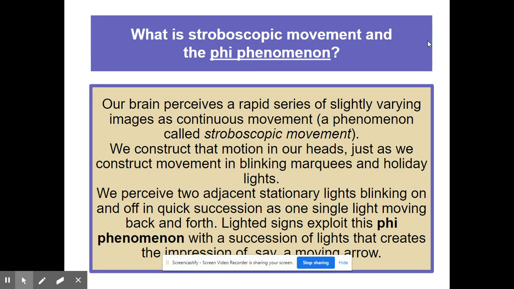Another perception is what we call stroboscopic movement. This is called the phi phenomenon. Normally, our brain computes motion based on the assumption that shrinking objects are getting smaller, enlarging objects are approaching. We use bottom-up and top-down processing to discover the phi phenomenon.